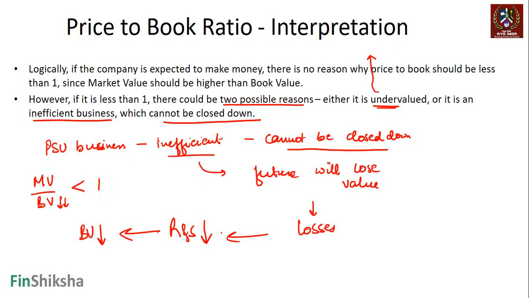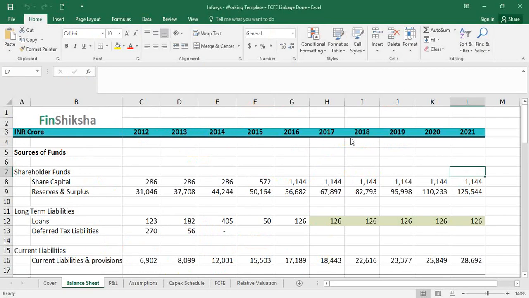Otherwise, logically, you will find that for most profitable firms, your price to book should be greater than 1, right? We can take a look at various examples here. If you want, we can try and calculate this for our company Infosys. So for calculation of this ratio for Infosys, we'll have to go to the balance sheet of Infosys.